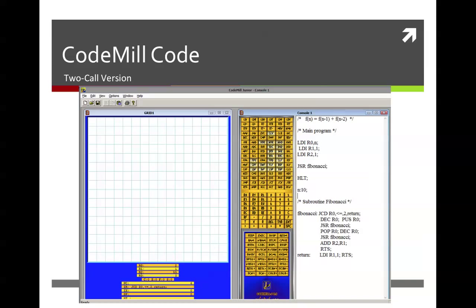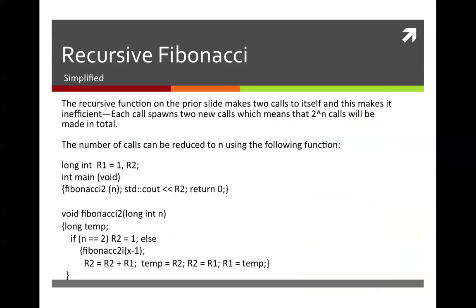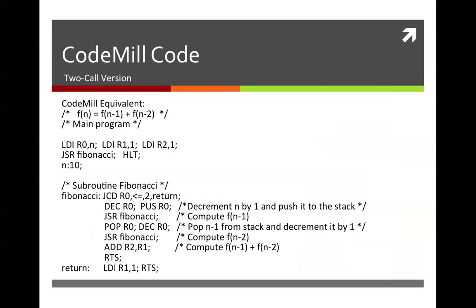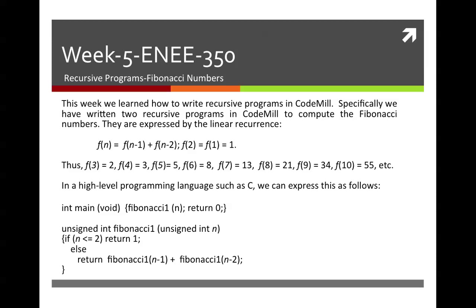Now the problem, of course, with this is that, as I've stated here, the very function that we base this on, which is the C function, which is also evident in the CodeMill itself, makes two calls to compute the next value of the Fibonacci sequence, the next number.